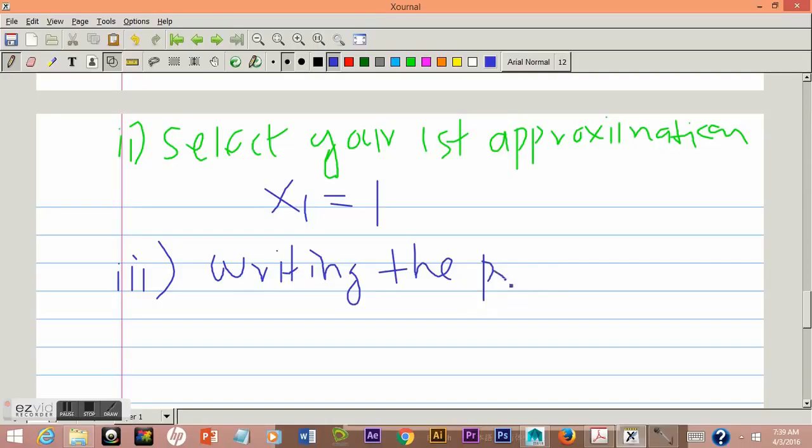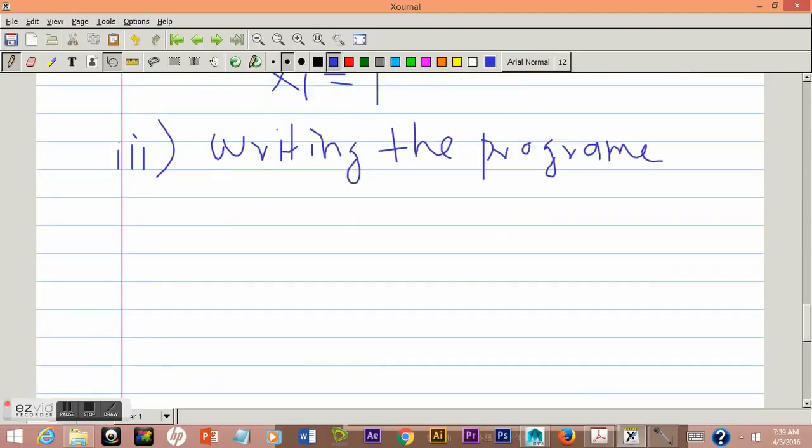So what you have to do is press 1 in your calculator in comp mode. Press 1, then equal.